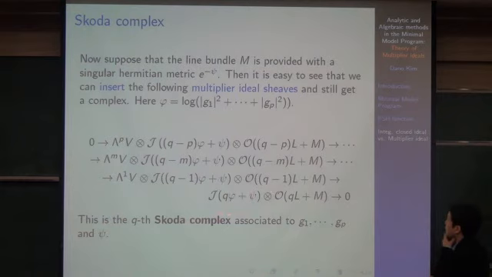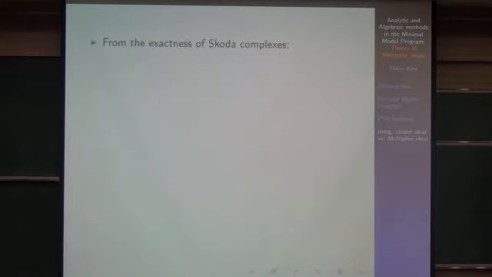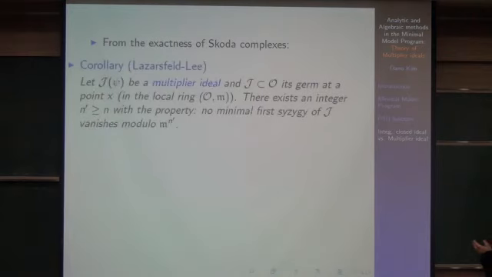In that case, this is always an exact complex whenever Q is equal to or greater than P. Once they had this exactness of the Skoda complex, there was this work of Lazarsfeld and Lee saying that multiplier ideals actually have some special local algebraic property which is not shared by an arbitrary integrally closed ideal.